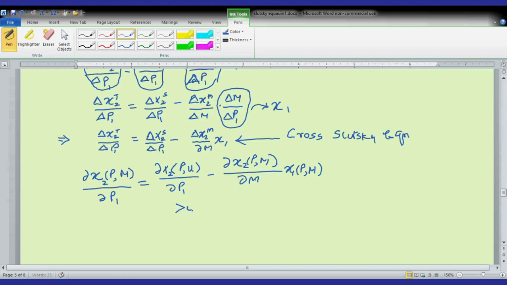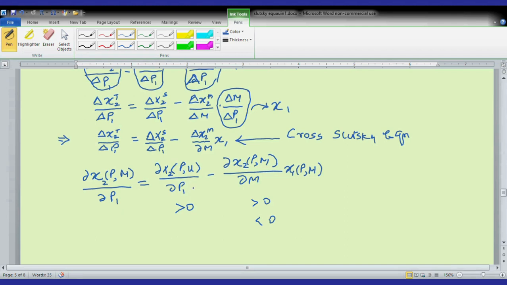This is something that is greater than 0, and this is something that can be greater than 0 or less than 0. Now remember that in the two commodity world, this first term is definitely going to be greater than 0, for the reason that when consumption of good 1 is going down because of the substitution effect, then after compensation consumption of good 2 should definitely be increasing.